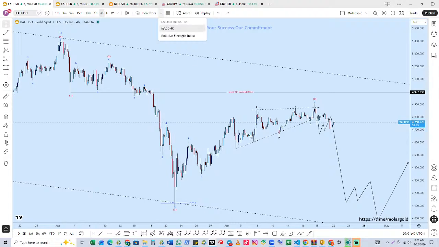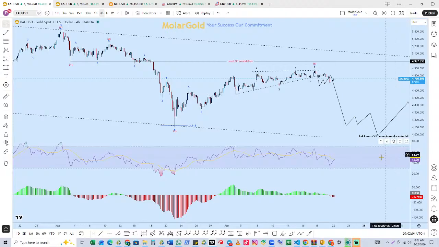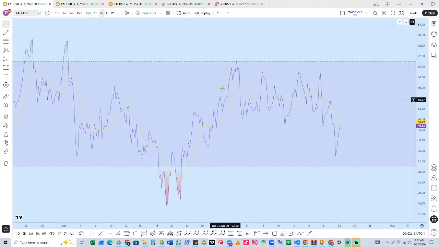Okay, and because of that, gold is in a huge divergence. Let's look at that. Since gold is in a huge divergence, we are expecting a great fall. And we can see it right from here.